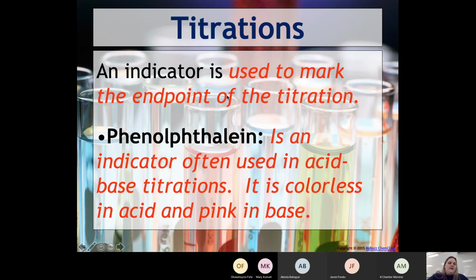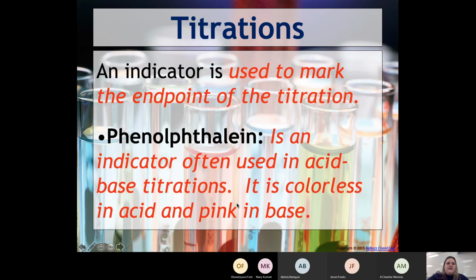But it's called phenolphthalein. And the reason it's really good to use is because when you put it in an acid, it's colorless. So it's clear. So it doesn't change the color of the solution. So typically you'll start off with your acid in your flask and you'll add a couple drops of phenolphthalein, and then as you add the base from your burette drop by drop, you'll see it'll start to turn pink.